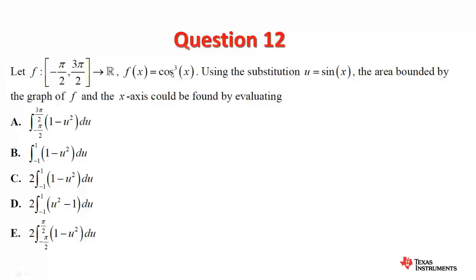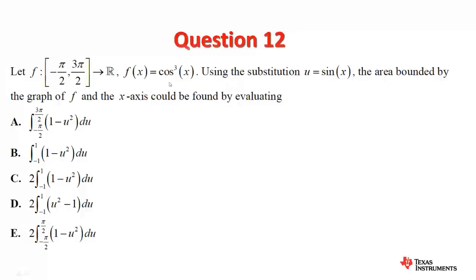You would expand cos cubed into cos squared multiplied by cos. You would then take the cos squared and convert that into 1 minus sine squared. So in that respect, if you let u equal sine x, the derivative of sine would equal cos, and that will take care of the cos x and the dx left over at the end of the integral.